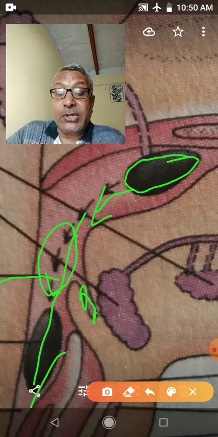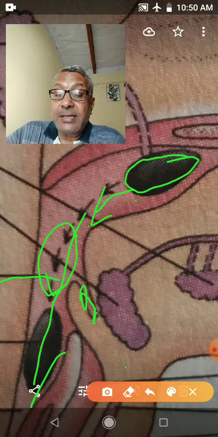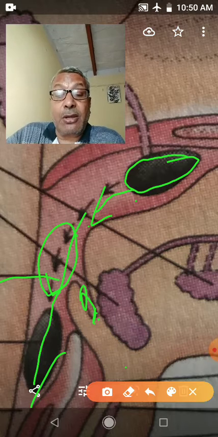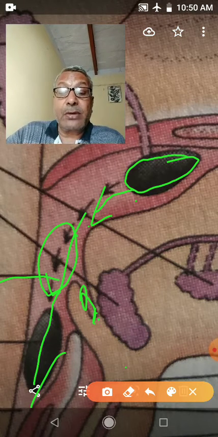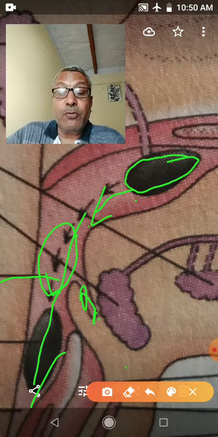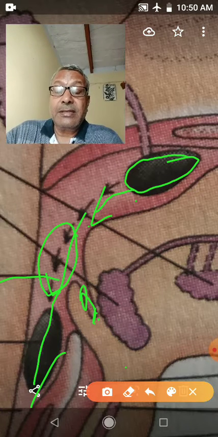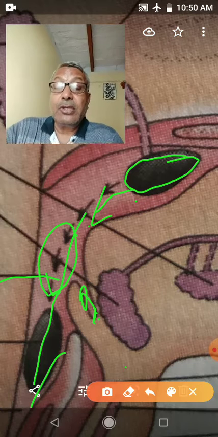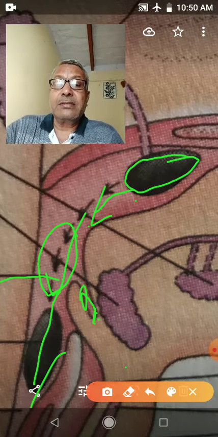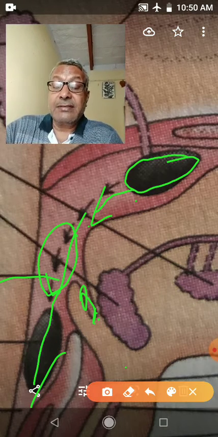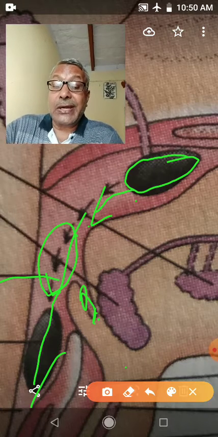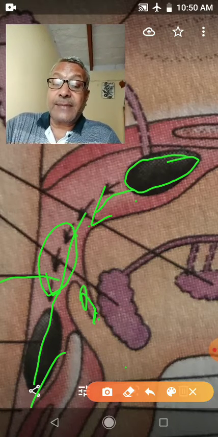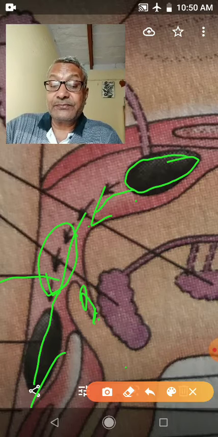Esophagus is a muscular tube. It is 25 centimeters long. Food passes down the esophagus by peristaltic movement. This movement develops in the muscular wall due to contraction and relaxation of circular and longitudinal muscles of the wall of the esophagus.